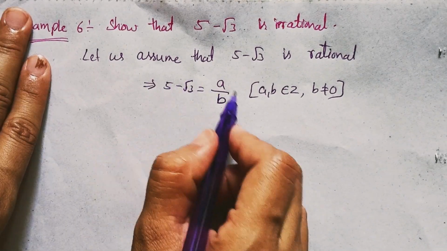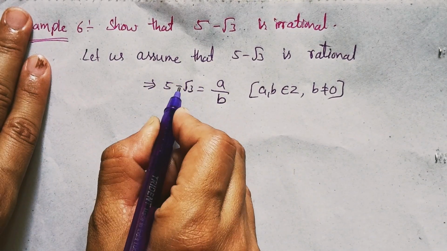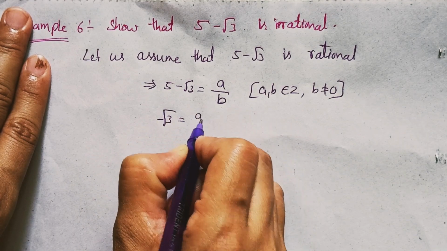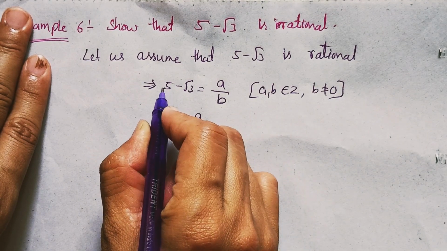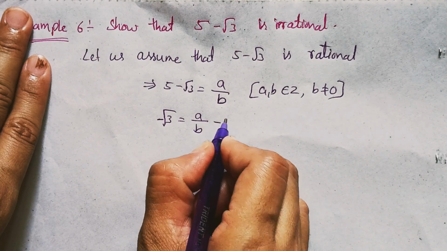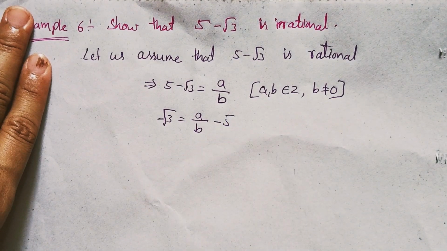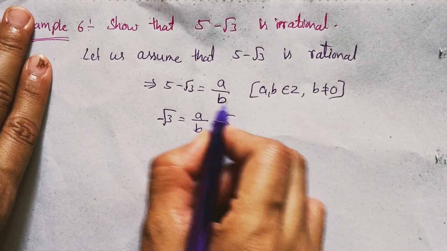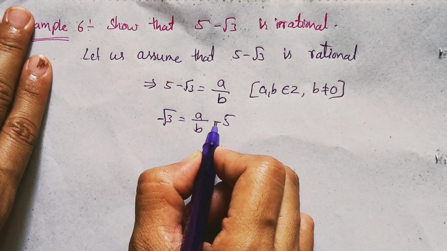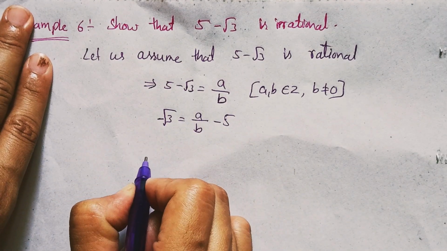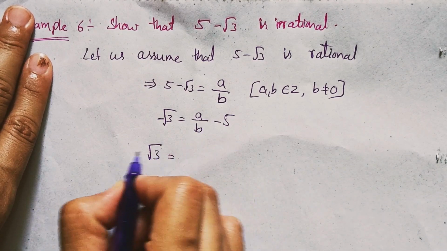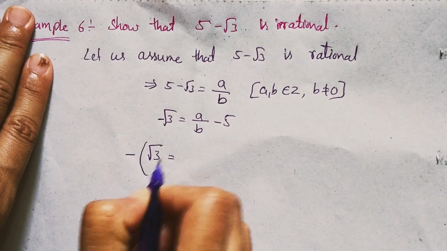We can write this as minus root 3 equals a by b, and here plus 5 is there. When it goes to that side, it will take minus 5. Then I am just converting all these terms to positive. Then it will become root 3 equals, I'll do each and every step, I am just taking minus as common.